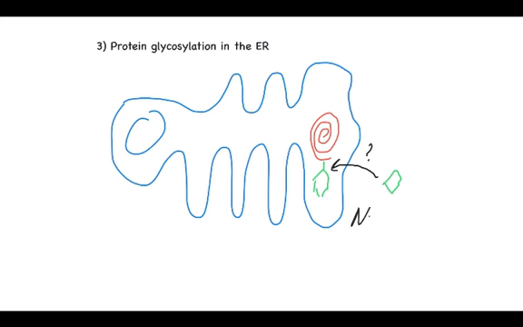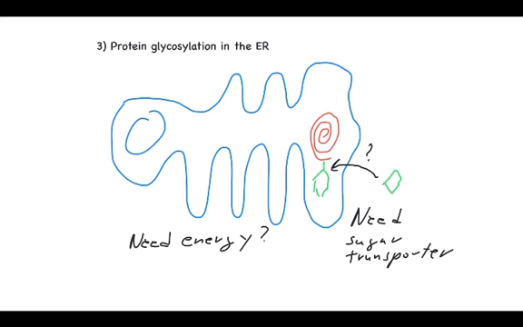So how is that done? That implies that there has to be some sort of transporter system for moving various types of sugars that I use in protein glycosylation into the ER, where then enzymes utilize those substrates and add the sugar groups to various proteins.